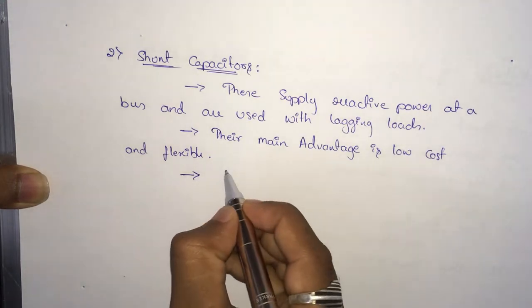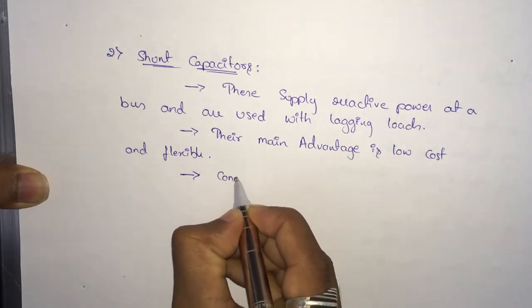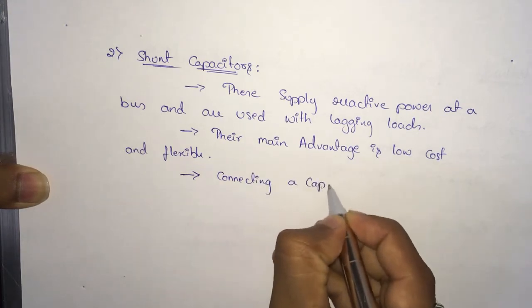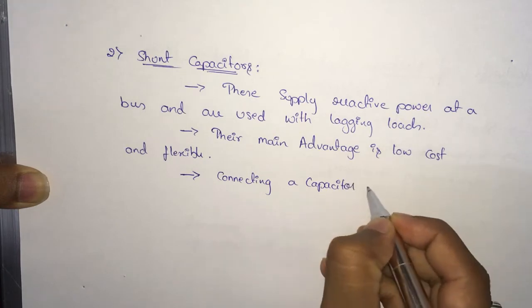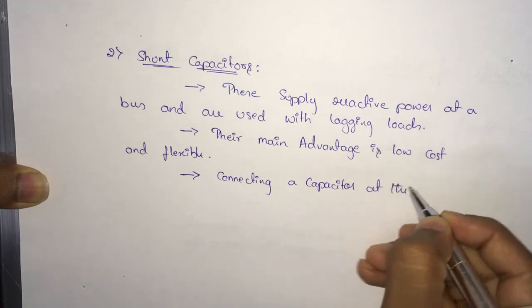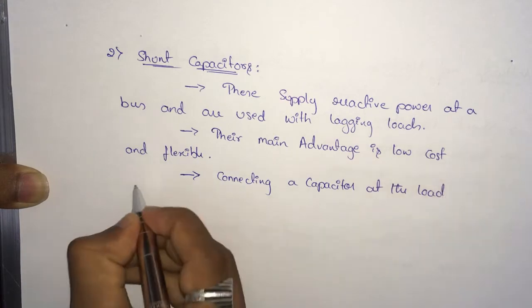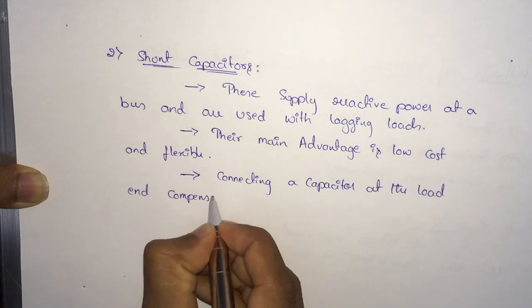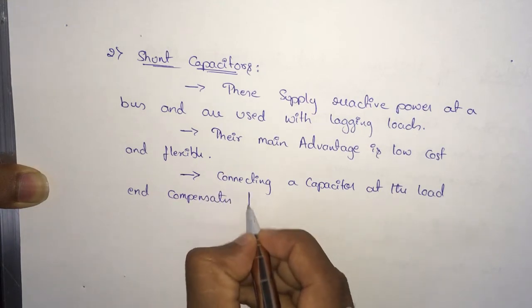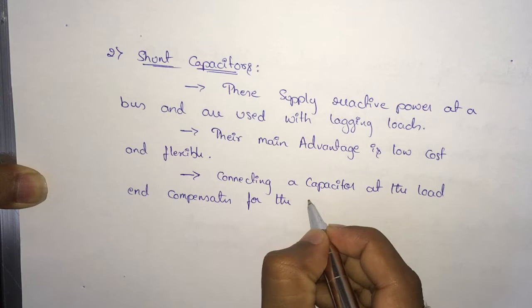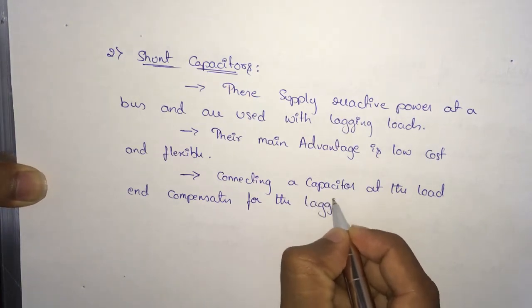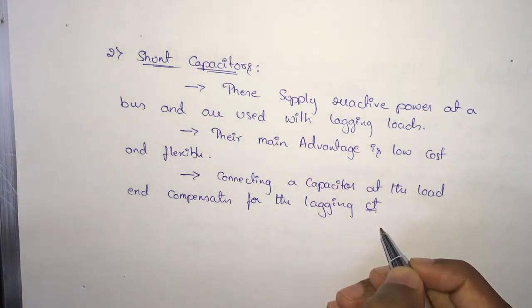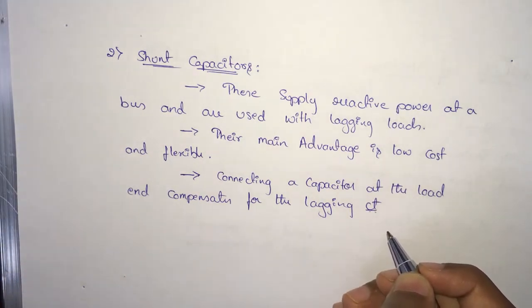Connecting a capacitor at the load end compensates for the lagging current drawn by the load.